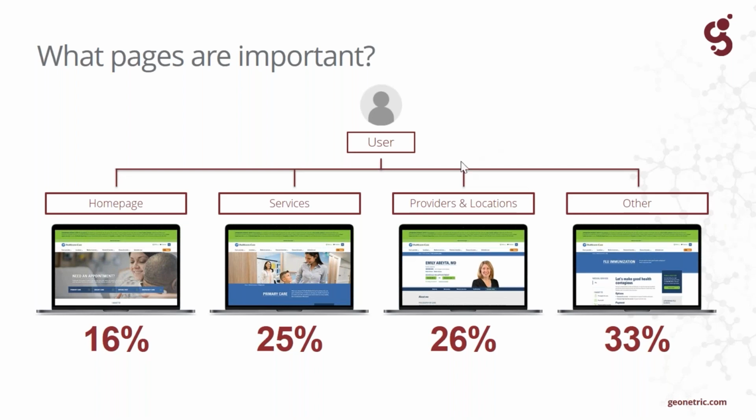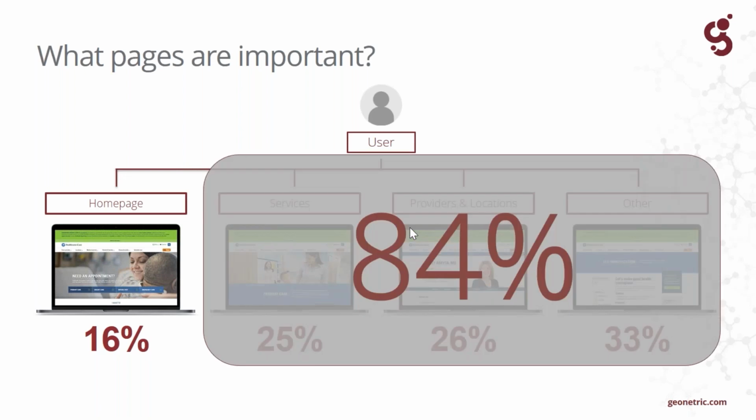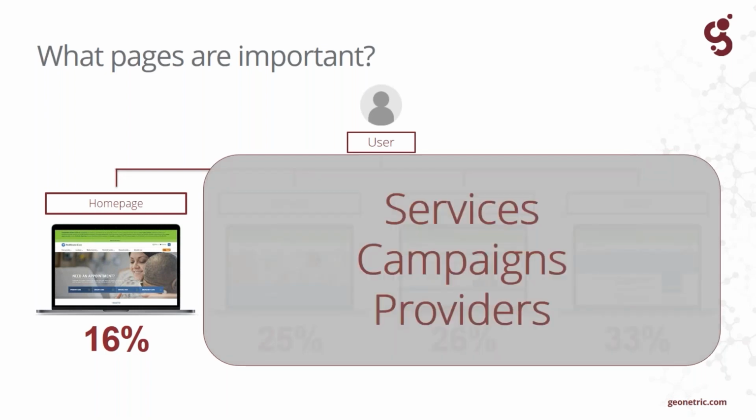In fact, services, providers and locations, and other pages make up a lot more of what is important to a consumer. In fact, 84%. And so as we talk today, and we have our attention focused in these areas, I want to talk specifically around services, campaigns, and providers, because those are the pages that I would consider being most important.